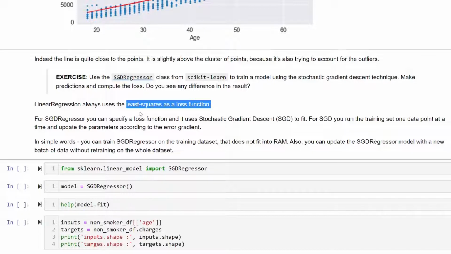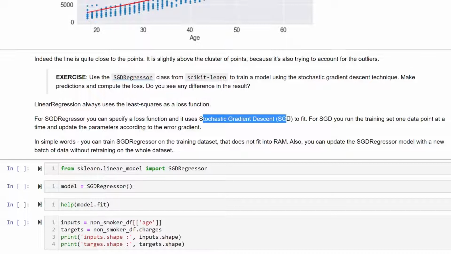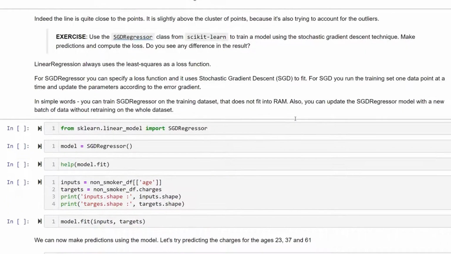And for an SGD regressor, you can specify a loss function, your own loss function, and it uses stochastic gradient descent to fit. For SGD, you can run the training set one point at a time and update the parameters according to your error gradient. In simple words, you can train your SGD regressor on a training data set that will not fit into your RAM. So you can update the SGD model with a new batch of data without retraining on the whole data set.